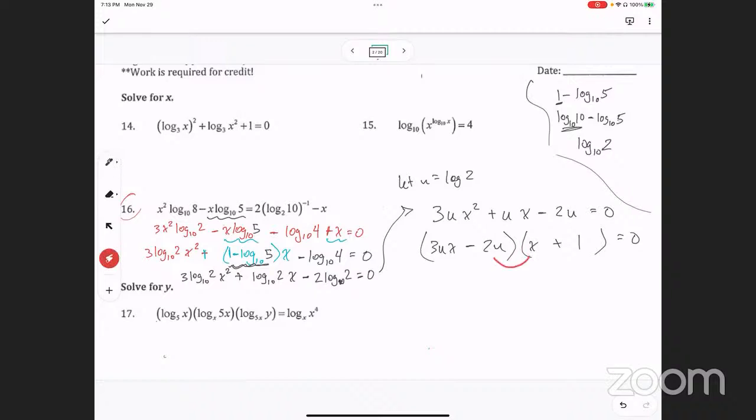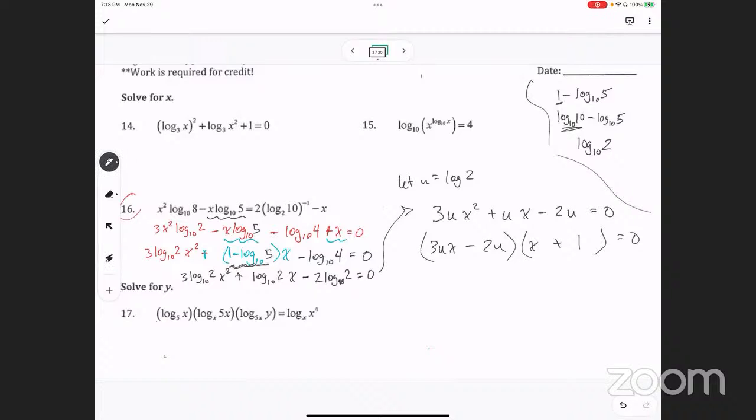Because now this is negative 2ux and this is positive 3ux. And what's positive 3ux minus 2ux? 1ux. I've factored it. Follow that okay? Yeah.